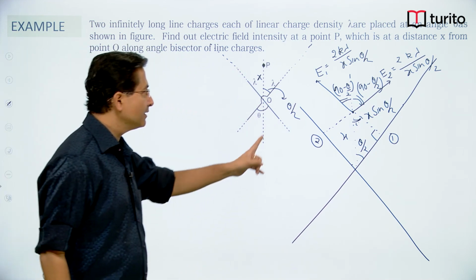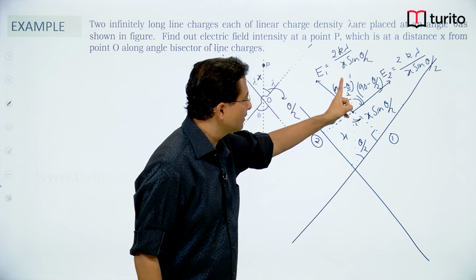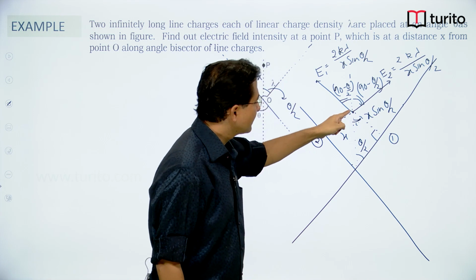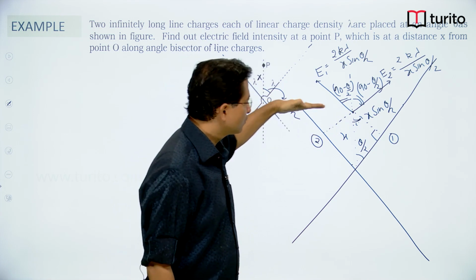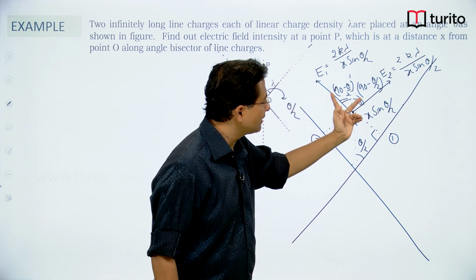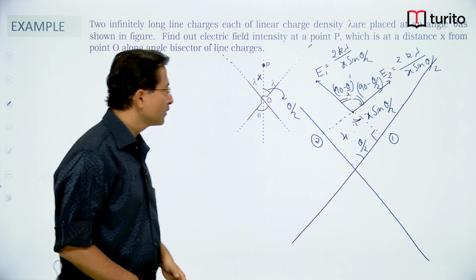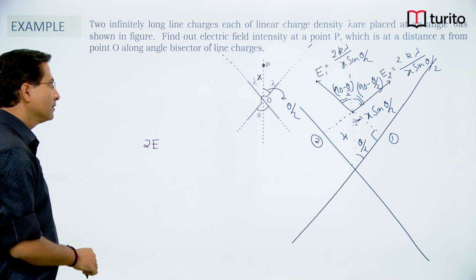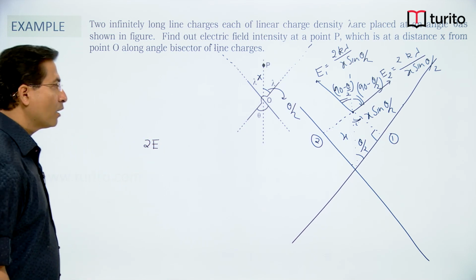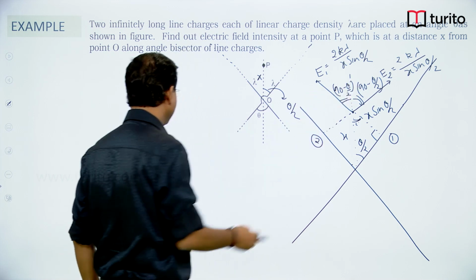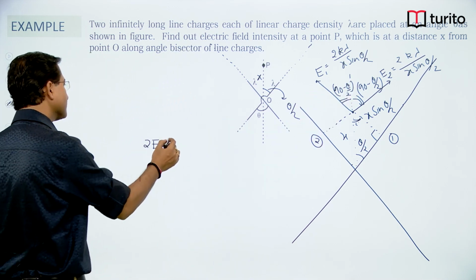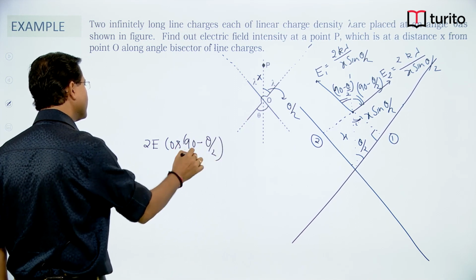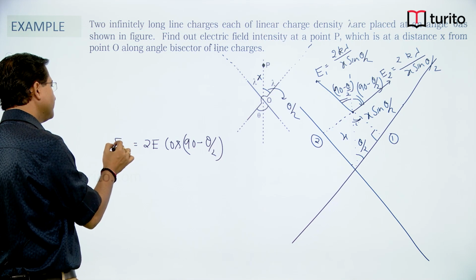As you can see, these components will get added, and these components, as they are in opposite directions, cancel each other. So this direction component will cancel and these two will get added. As these two are getting added, I can write 2 times E cos of 90 minus theta by 2. This is the net field.